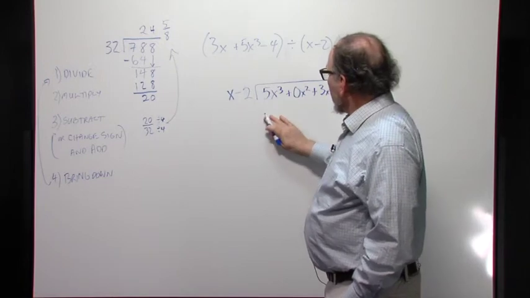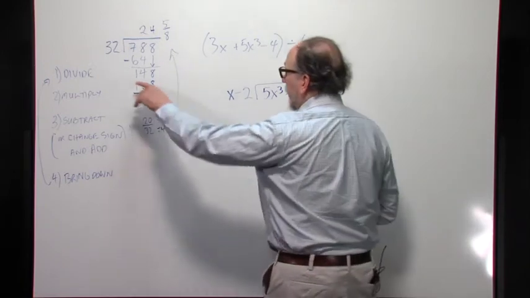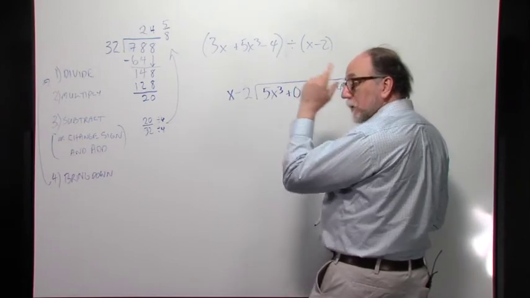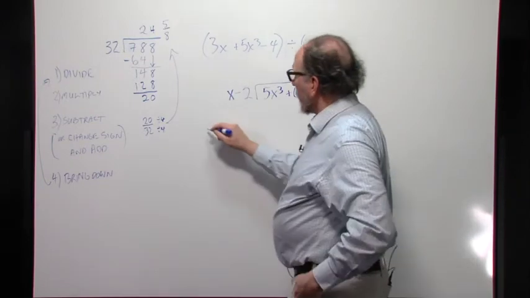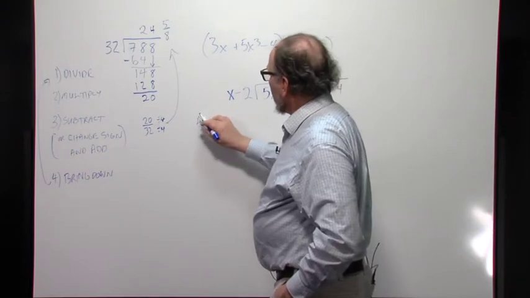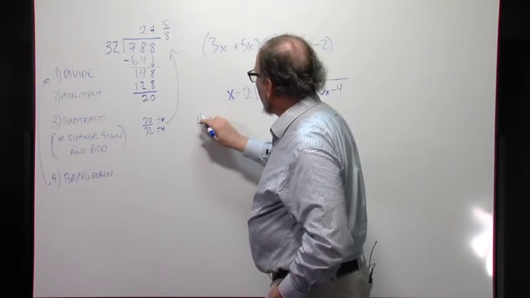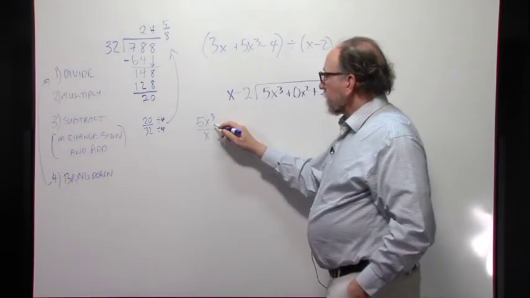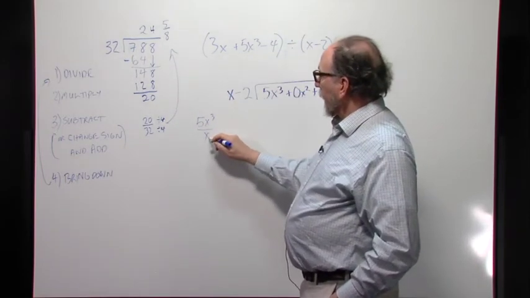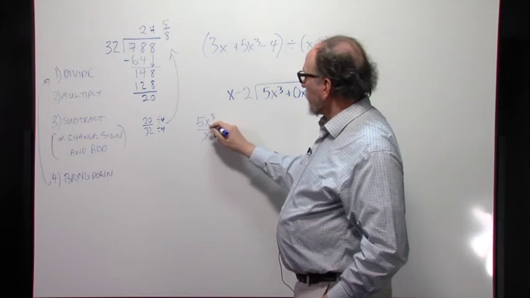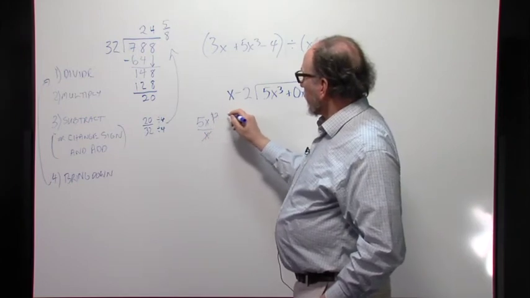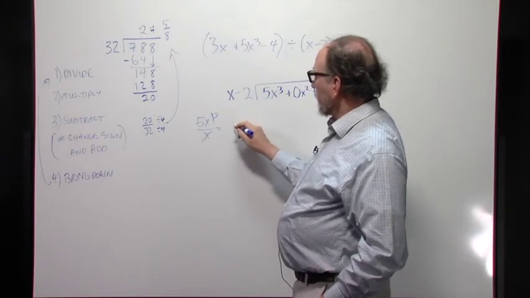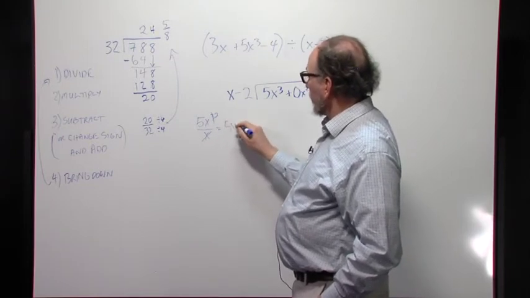So now we're going to apply these steps. We're going to divide x into 5x cubed. If that's difficult to see in your mind, you can write that off to the side. 5x cubed divided by x. And reduce that fraction. Well, x would divide into x cubed and make that power go down 1, or 3 minus 1 is 2, using those exponent rules that we learned before.